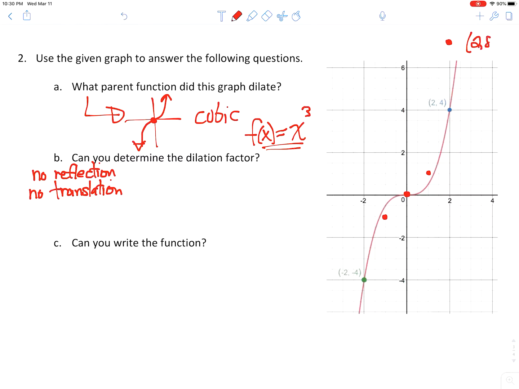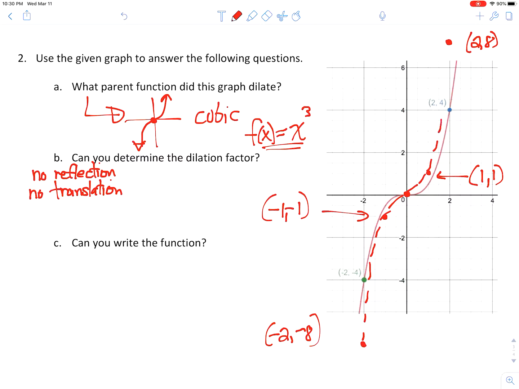This should be 1, 1. This one should be negative 1, negative 1, and negative 2, negative 8. That's what the original looks like.